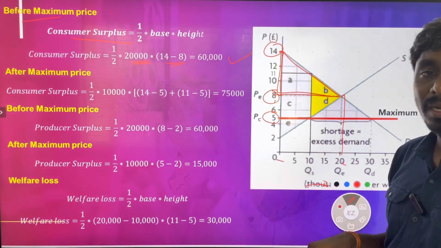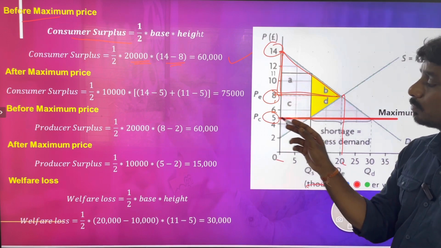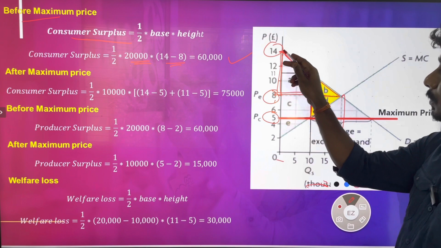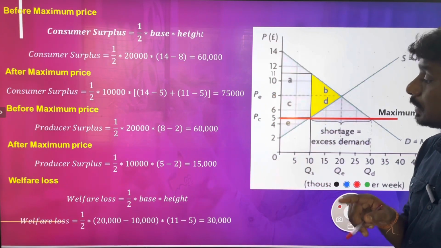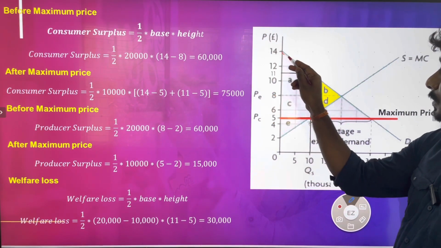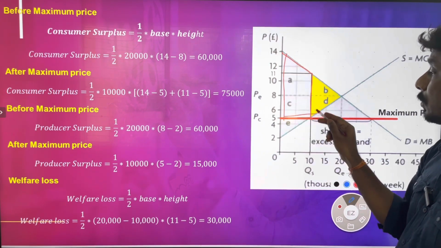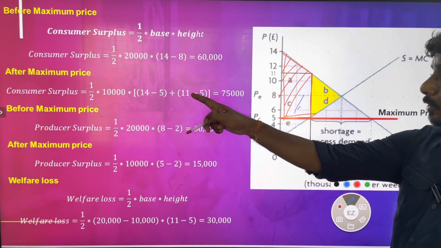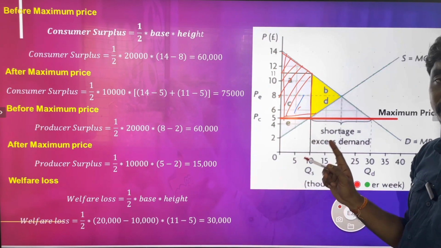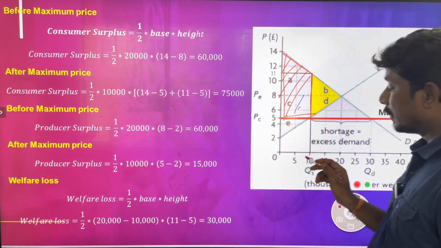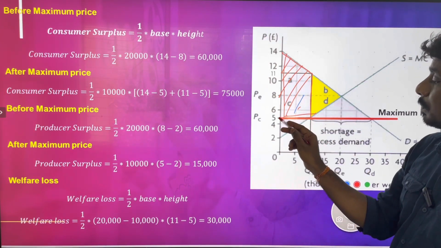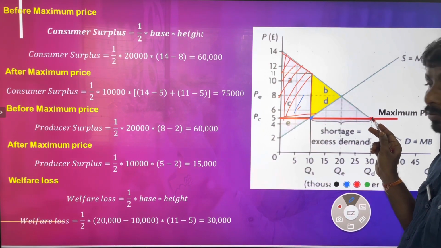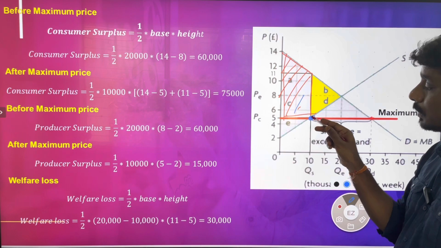But after the maximum price, the consumer surplus is this portion. After setting up the maximum price, the consumer surplus is increasing to this entire portion. Okay, so here the consumer surplus is again half into base into height. At this price the quantity supplied is this much only, but the quantity demanded is this much.